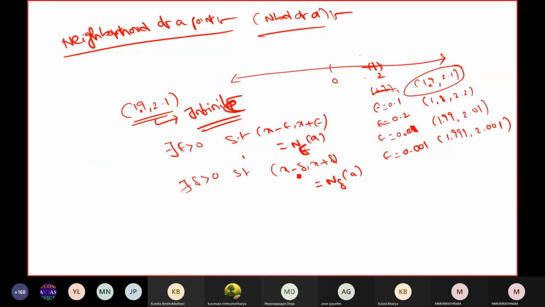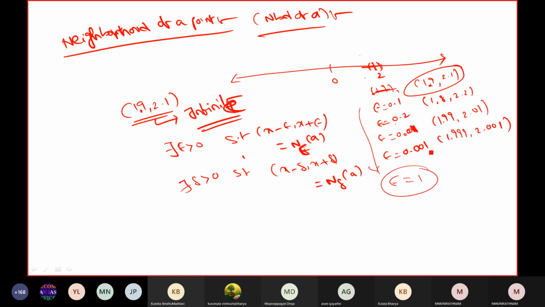Somebody takes epsilon, somebody takes delta, whatever our choice. It is a small quantity. I take epsilon as 0.1, somebody takes 0.2, somebody 0.01, somebody takes 1 also.